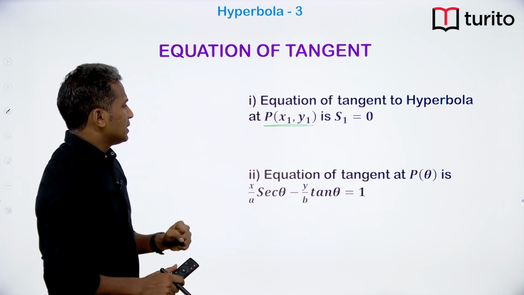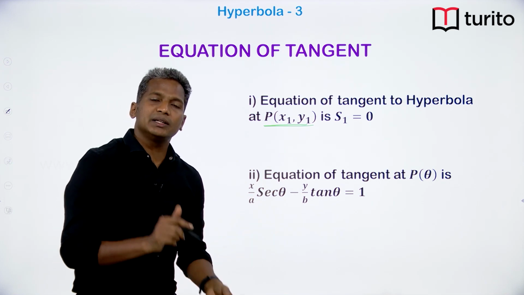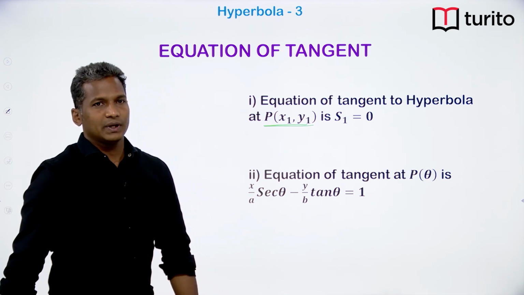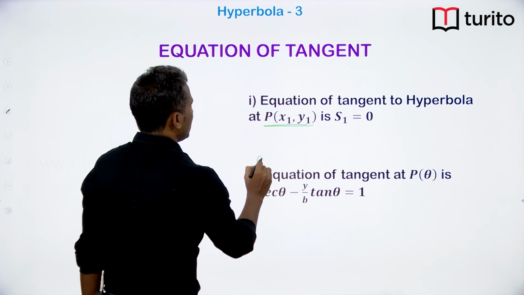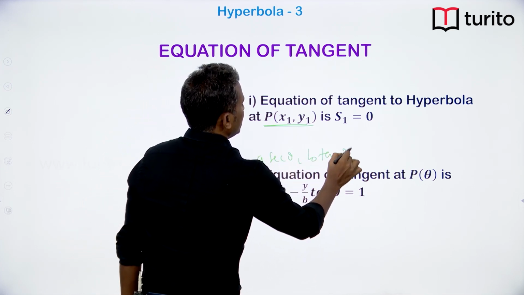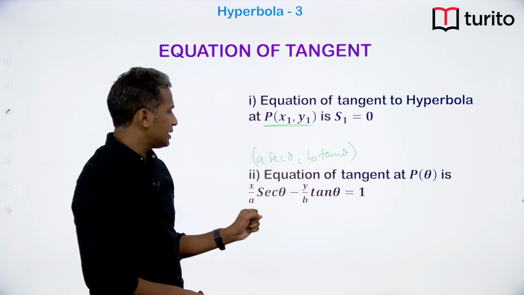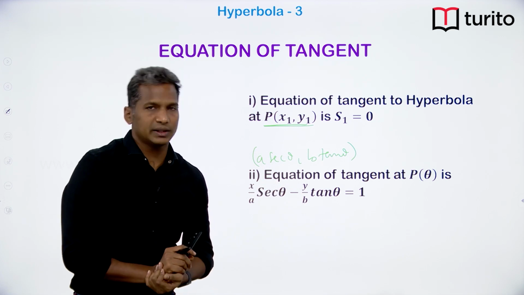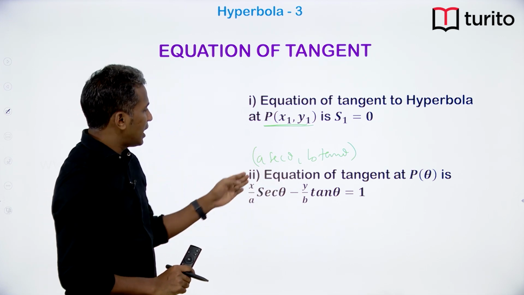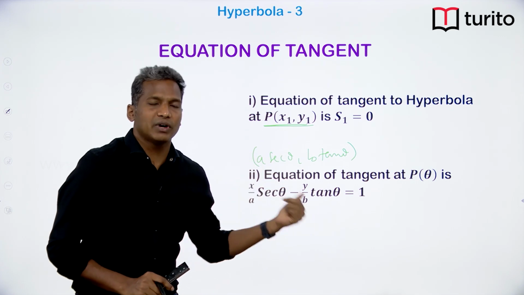And again, instead of taking the point as x1 y1, if I take the point in parametric form, that is a sec theta and b tan theta, then the equation of tangent will become x by a into sec theta minus y by b into tan theta equal to 1. I have just substituted a sec theta, b tan theta for x1 and y1 here.